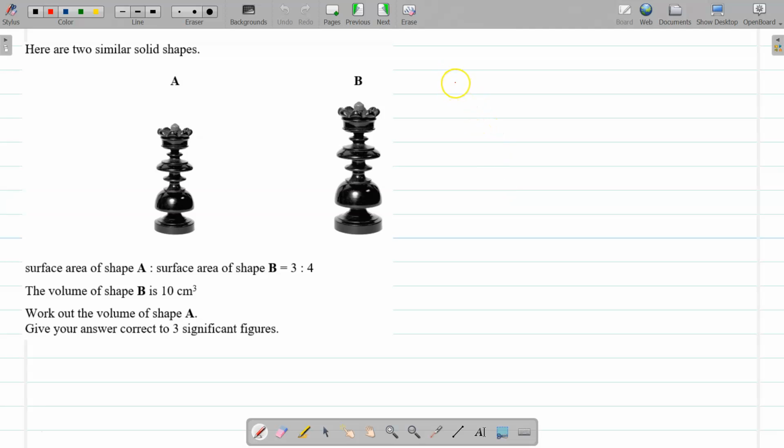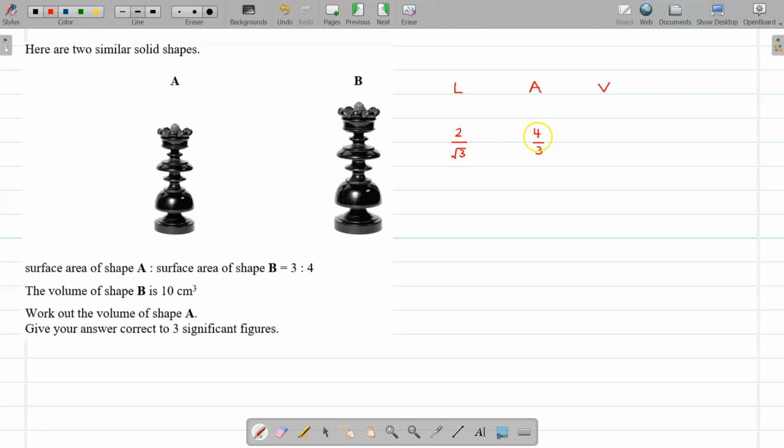Draw up a little table. Length, area, volume. Now, the area scale factor is 4/3. That's how you get from shape A to shape B. The length scale factor is the square root of that, which is 2/√3.